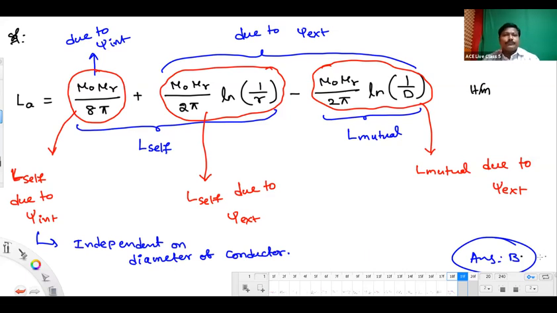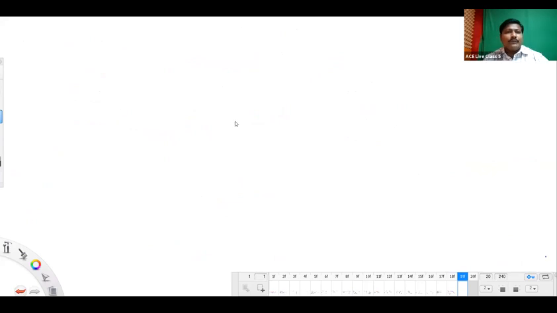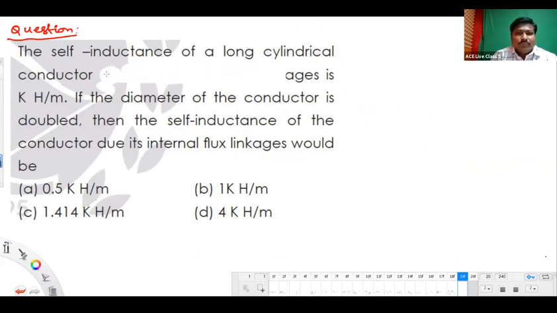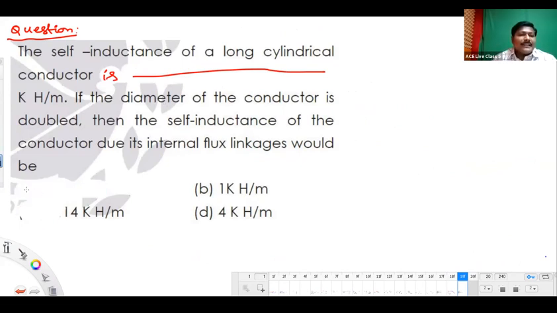See this. Same question I am asking you, with this part removed. Self-inductance of a conductor is K Henry per meter. If the diameter of the conductor is doubled, then what will be the self-inductance value?